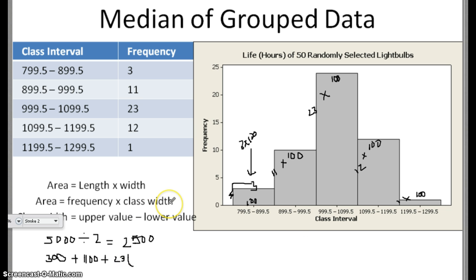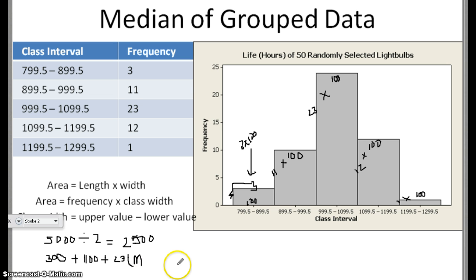Now, to figure out the class width: the class width is the upper value minus the lower value. I know the lower value of the class, 999.5, but because I don't want the whole class, only part of it, I want my upper value to be my median.